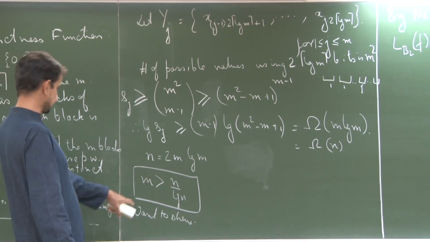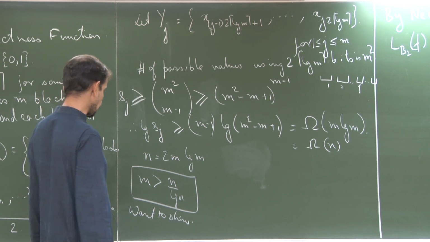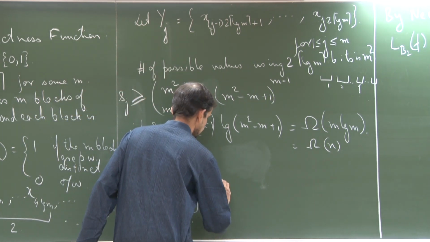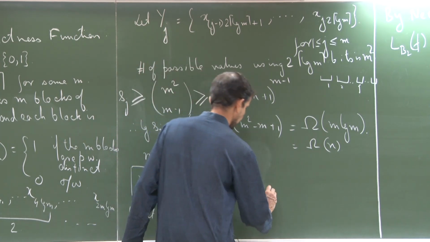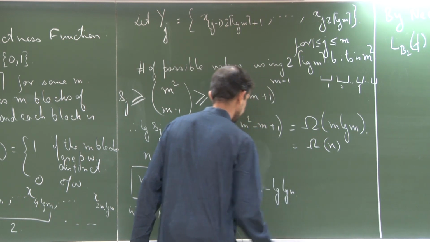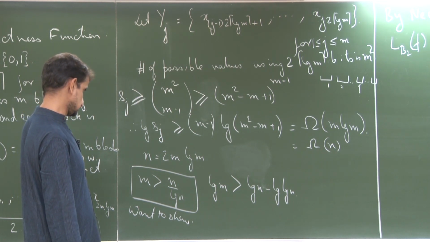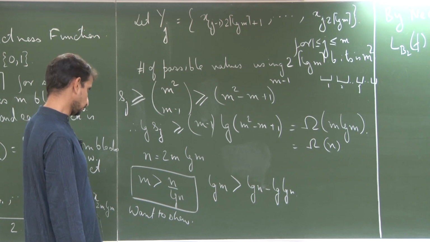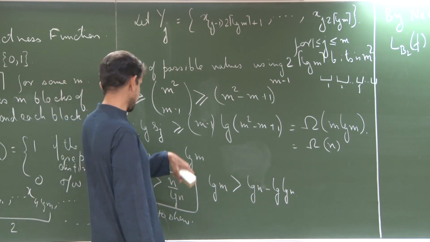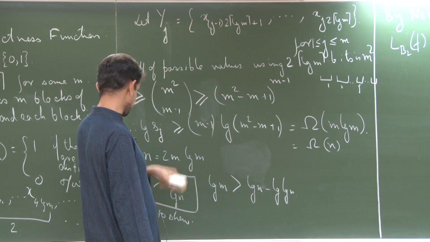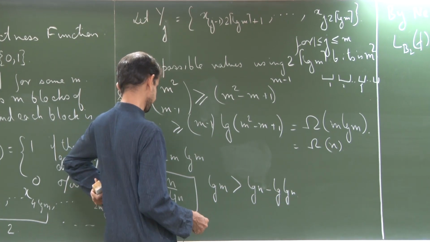Okay, so let us see. If I take log on both sides, what I get is log of m greater than log n minus log n.